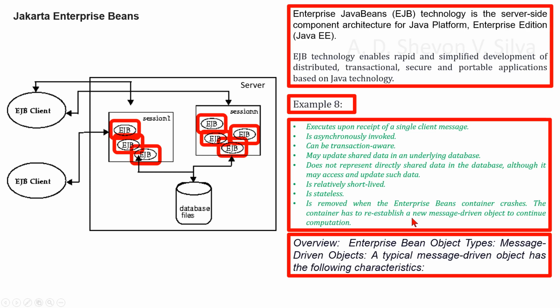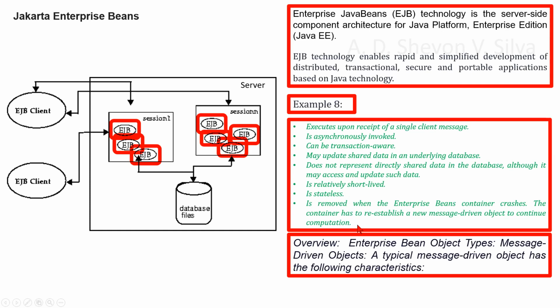A typical message-driven object has the following characteristics: executes upon receipt of a single client message, is asynchronously invoked, can be transaction aware, may update shared data in an underlying database, does not represent directly shared data in the database, although it may access and update such data, is relatively short-lived, is stateless, is removed when the enterprise bean container crashes.